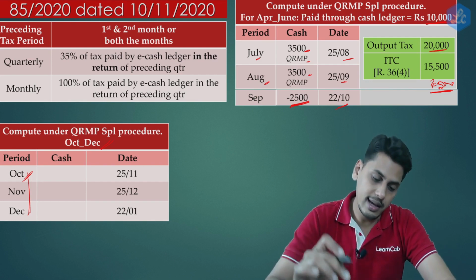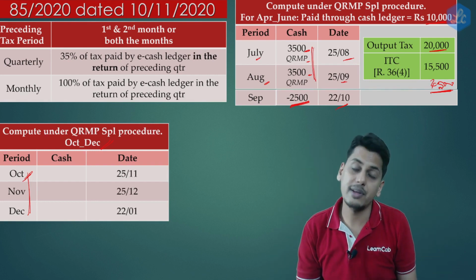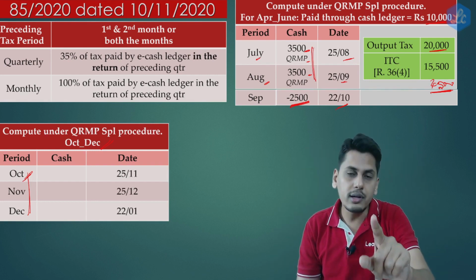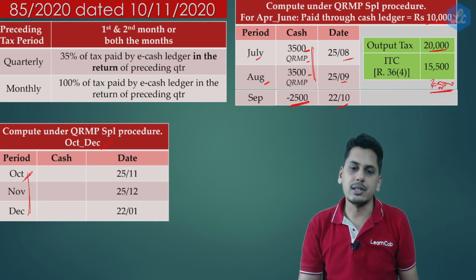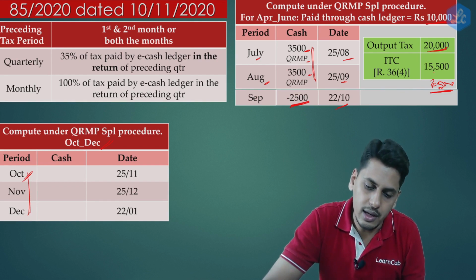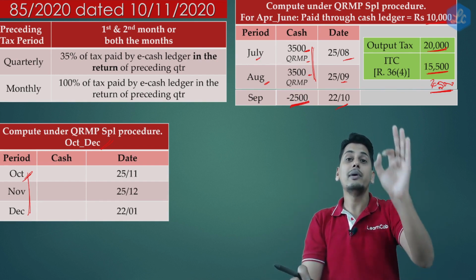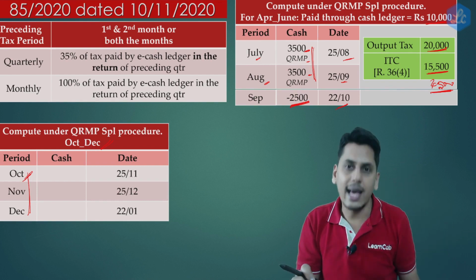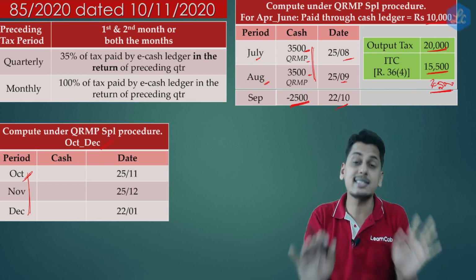It doesn't say 35% of the amount deposited in the preceding tax period. It is 35% of the amount which is paid by debiting the electronic cash ledger for the preceding tax period. So now friends, in the preceding tax period, although you have deposited 7,000, what is the amount which is paid by debiting the electronic cash ledger? Output is 20,000, input is 15,500, 4,500 rupees is going to be debited from your electronic cash ledger. What is the amount which is credited, which you have deposited in the cash ledger? 7,000.